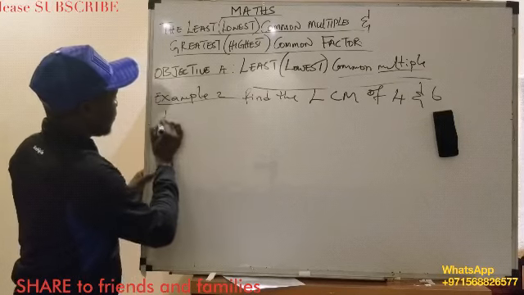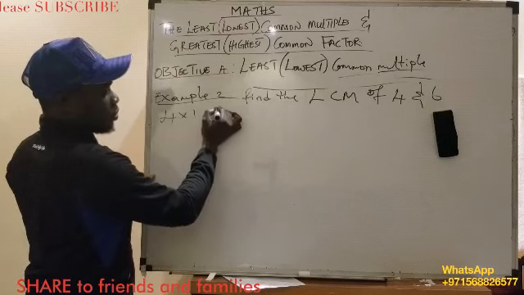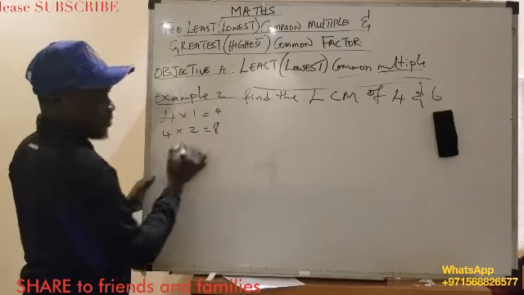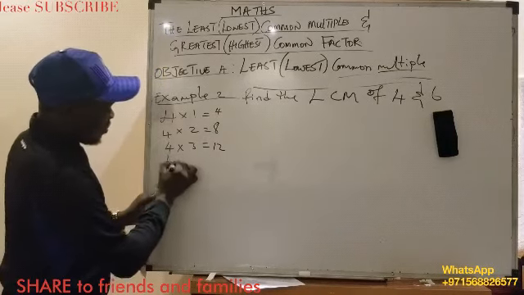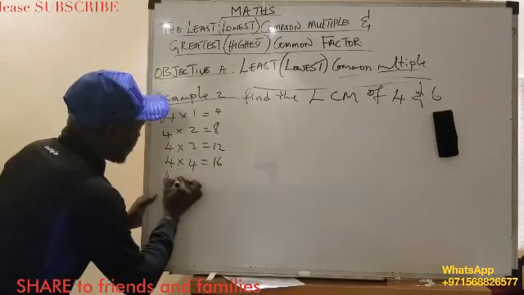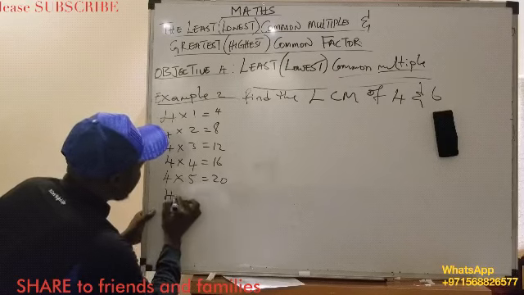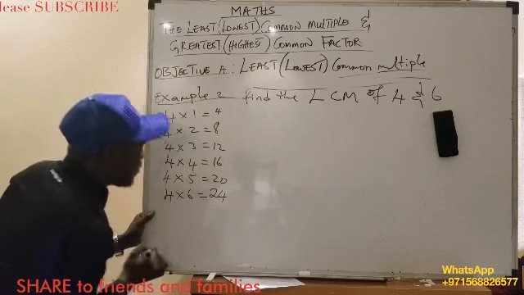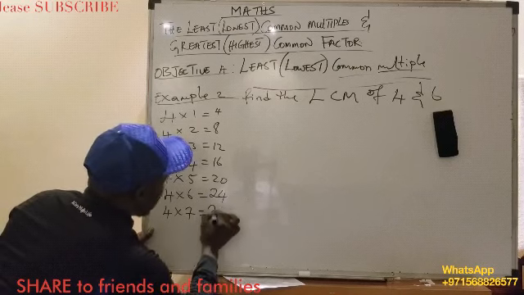Multiples of 4 now are: 4 multiplied by 1 is equal to 4. 4 multiplied by 2 will give us 8. 4 multiplied by 3 will give us 12. 4 multiplied by 4 will give us 16. 4 multiplied by 5 will give us 20. 4 multiplied by 6 will give us 24. 4 multiplied by 7 will give us 28.